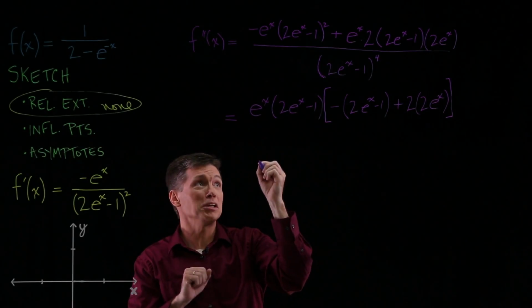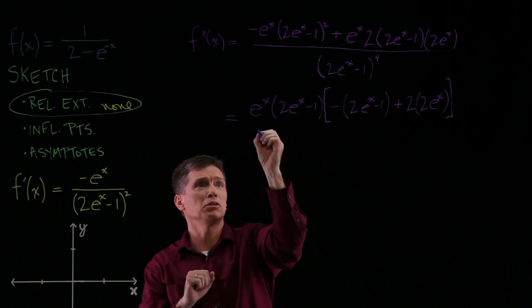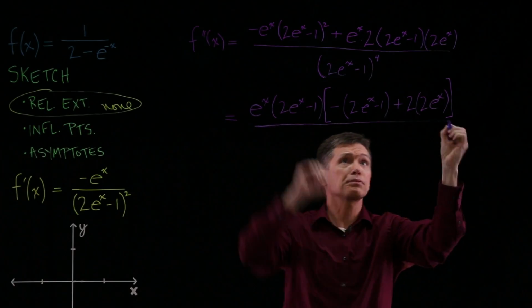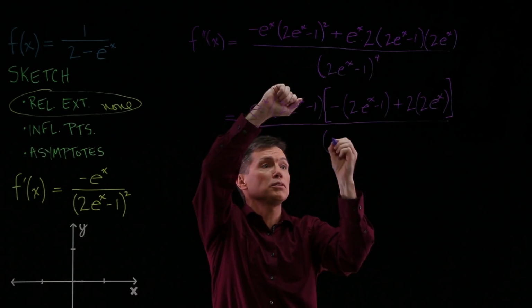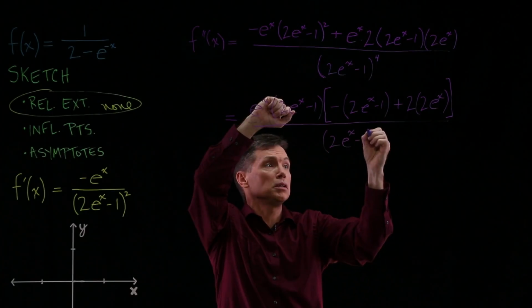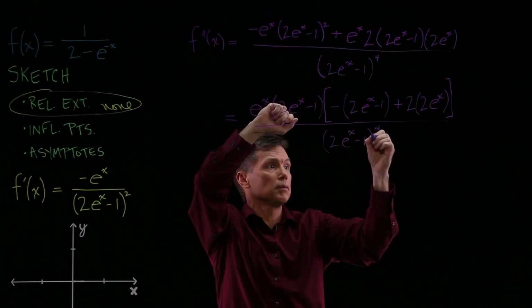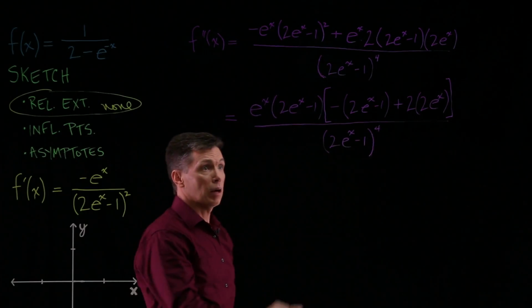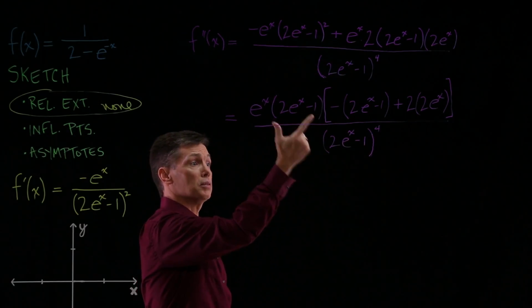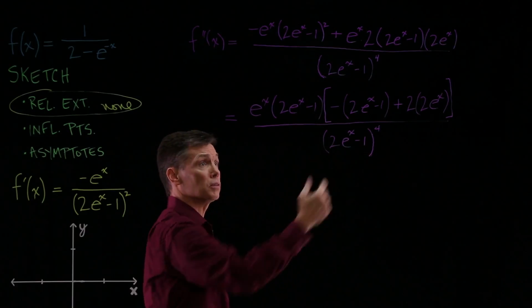All right, let me pick back up where I left off here, though, because this is incomplete. I don't have a denominator. So let me get my big divided by, and then this parentheses, 2 e to the x minus 1 to the 4th. And now what you have is something you can actually cross out, where I have these parentheses and the same parentheses.